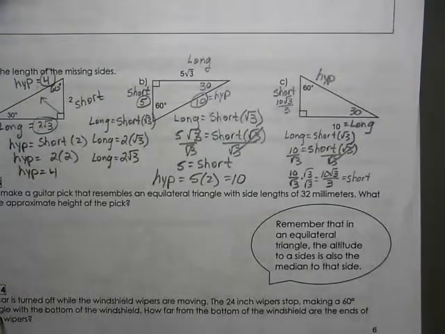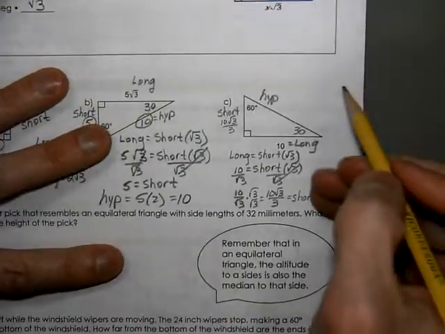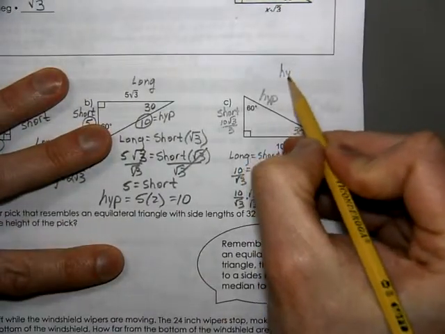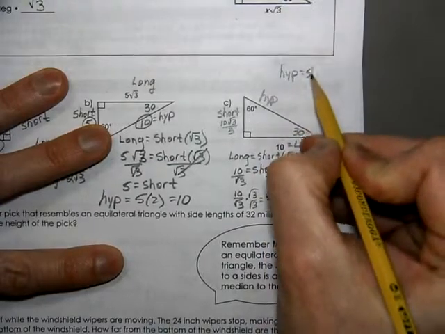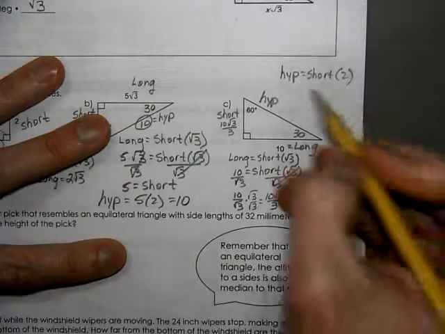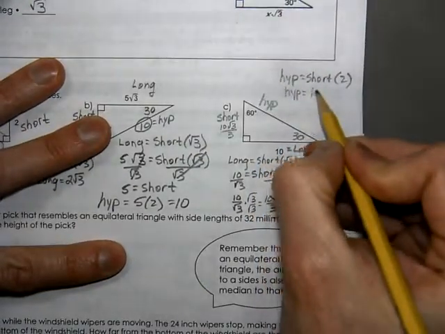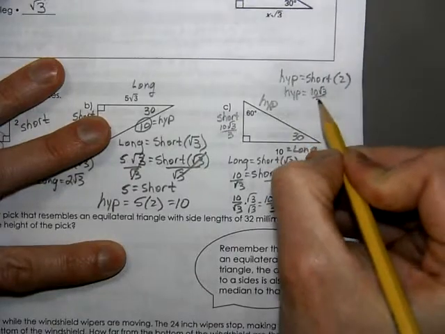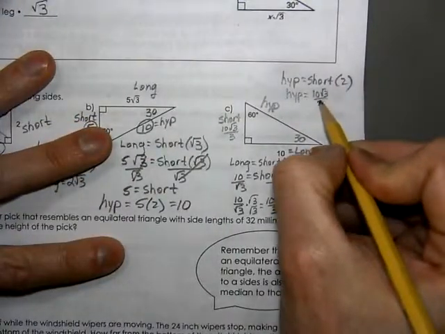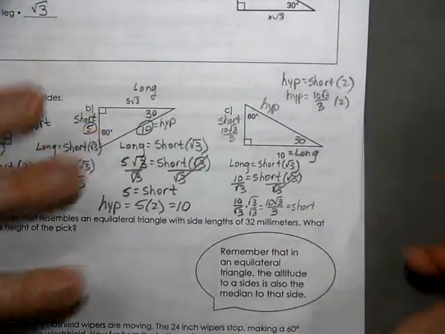Now to figure out the hypotenuse, remember, is 2 times that amount. So the hypotenuse equals the short leg times 2. The short leg is 10 square root 3 over 3, sorry, times 2.